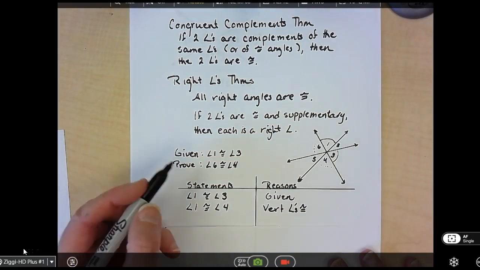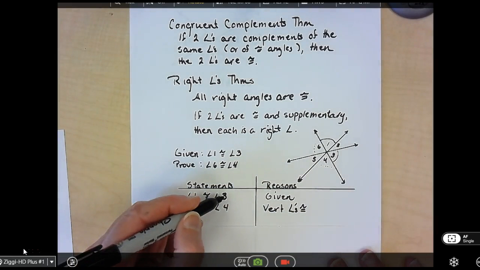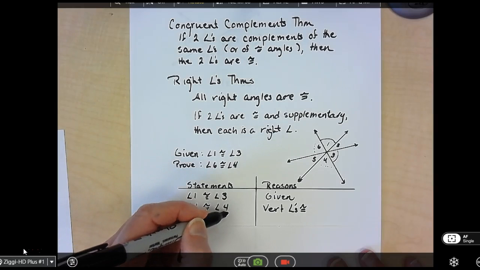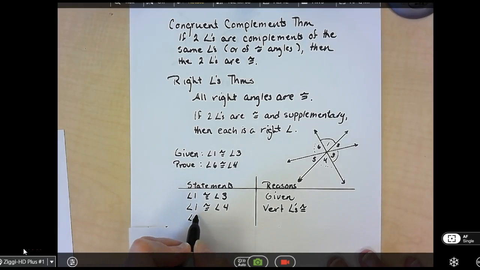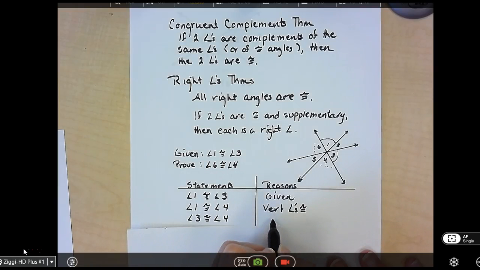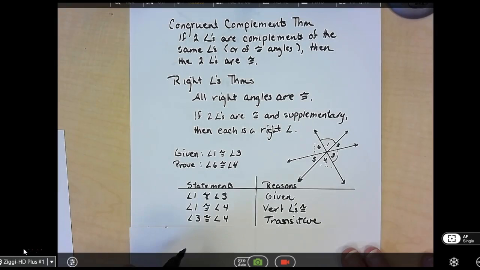Okay, so now I have angle 1 is congruent to angle 3, and angle 1 is congruent to angle 4. Then I know angle 3 is congruent to angle 4, and that's by the transitive property of congruency. And so now I have angle 3 and 4. But I still am trying to get down to angle 6 and angle 4.